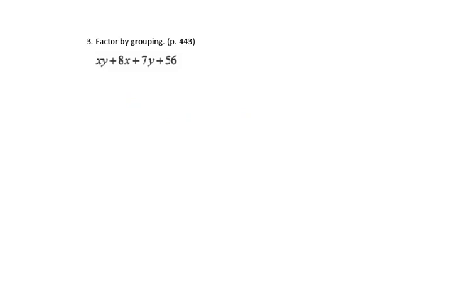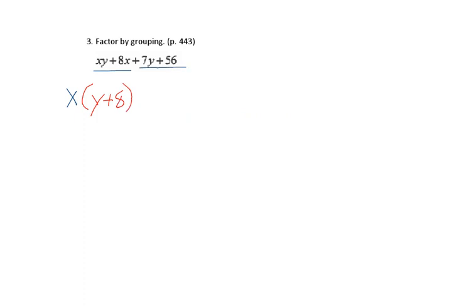Factor by grouping. So first, we're going to factor each part two at a time. In the first group, notice that both terms have the letter x in common. So you can write x and then parentheses y plus 8.